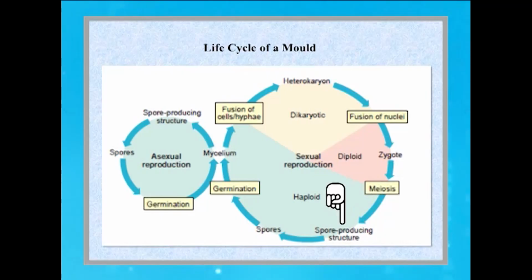So the spore producing organs which are now formed on the hyphae will bear spores which have haploid nuclei. Now these spores which are formed again germinate and give rise to the mycelium. So in this way a mold can have a vegetative, or asexual, mode of reproduction as well as a sexual mode of reproduction.